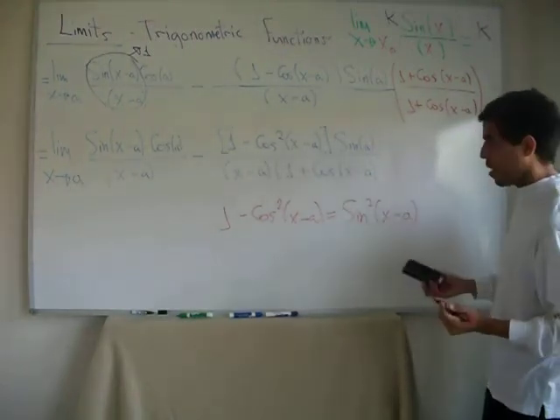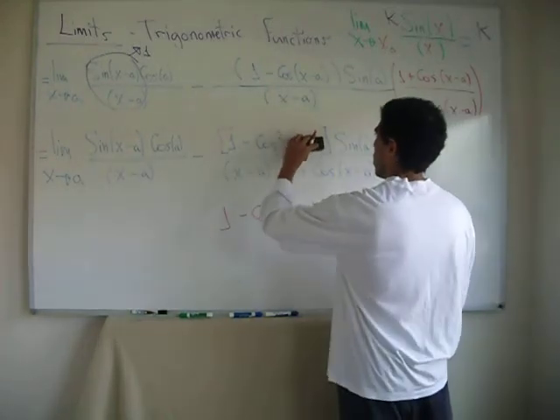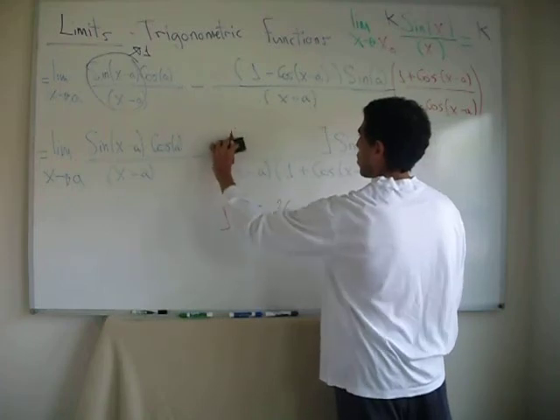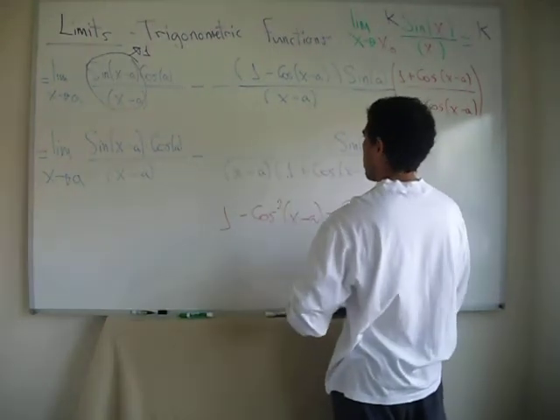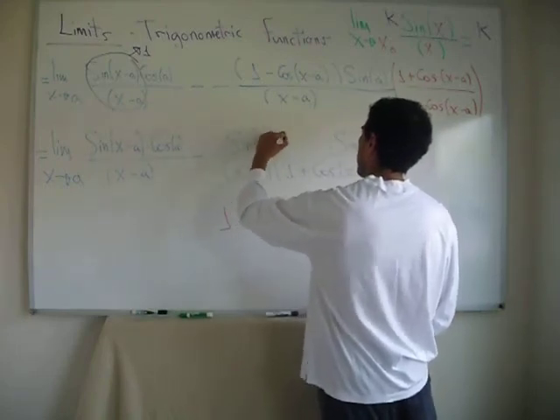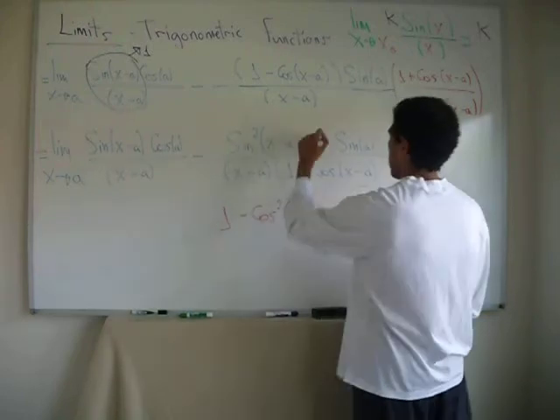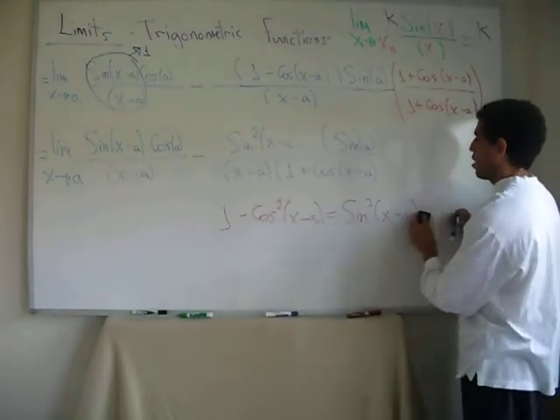Okay? That's it. So we do this here. Erase. And rewrite. Sin square of x minus a times sin a. Okay? I just rewrote it.